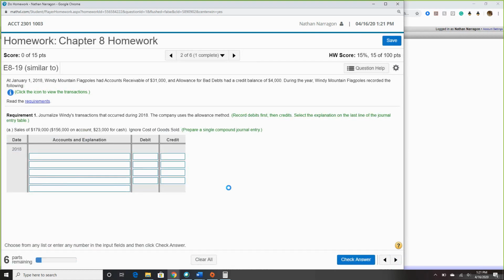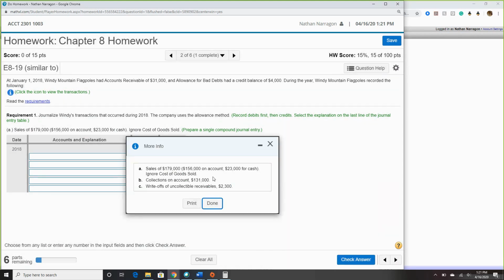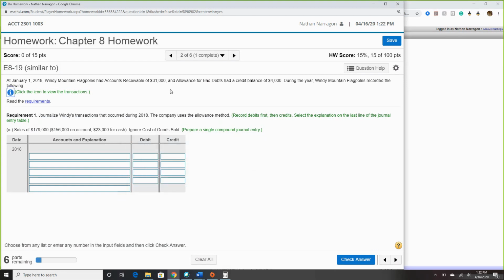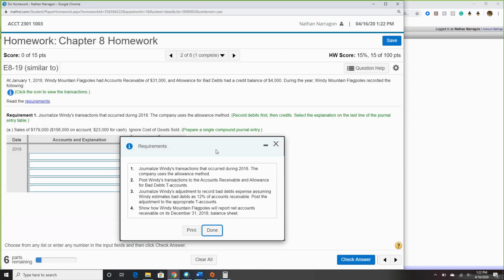Question 2. Again, it looks like we got almost the same thing going on, I think exactly. Collections, write-offs. Look at the requirements.